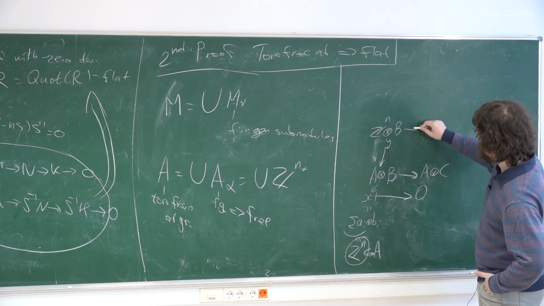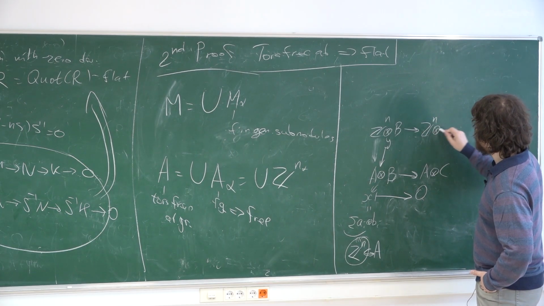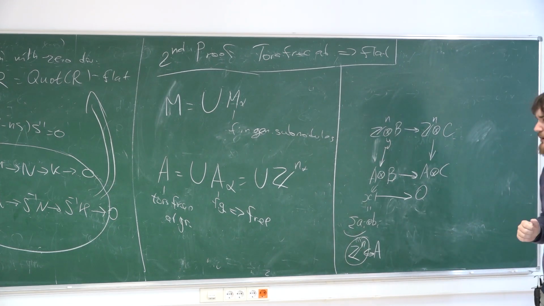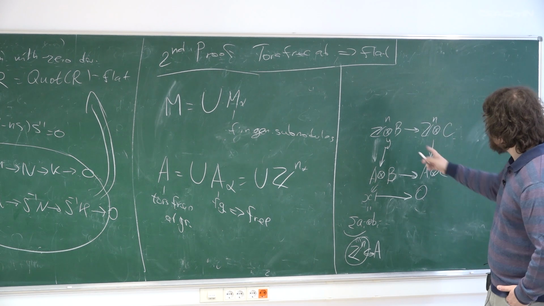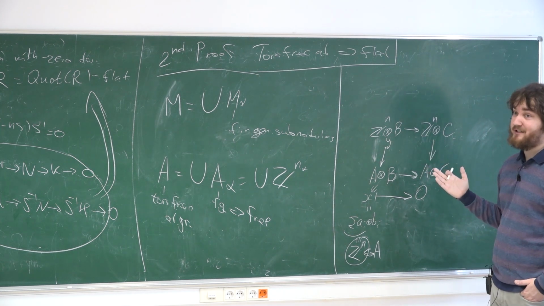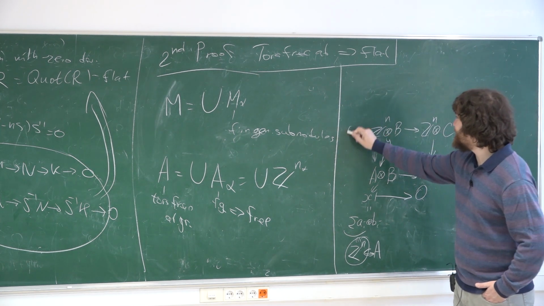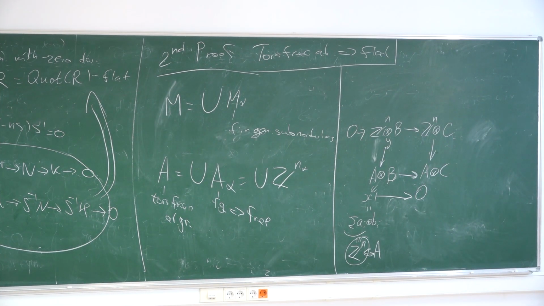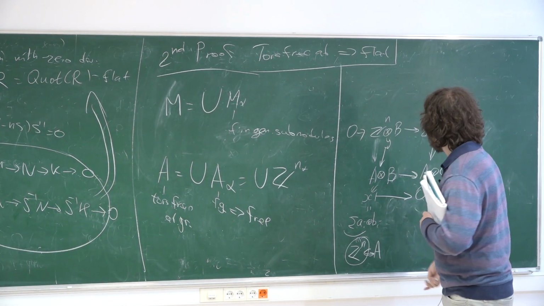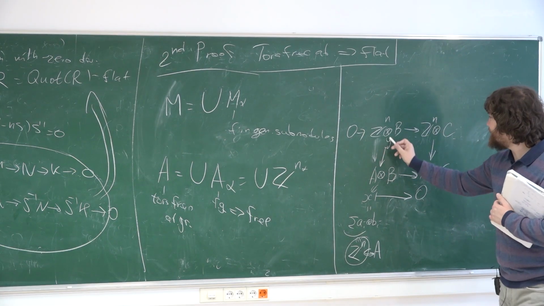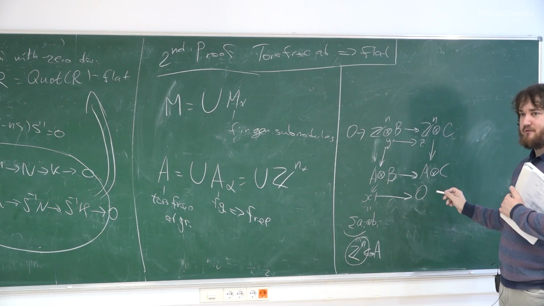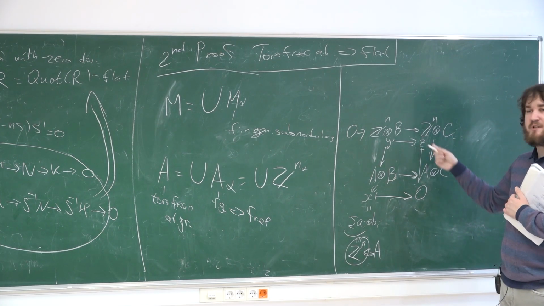And also I have Z^n tensor C. Z^n is flat because it's free, so in fact this is an inclusion. It plays a role after a few seconds. The element goes to x and then to 0, so by commutativity of the square, z goes to 0.